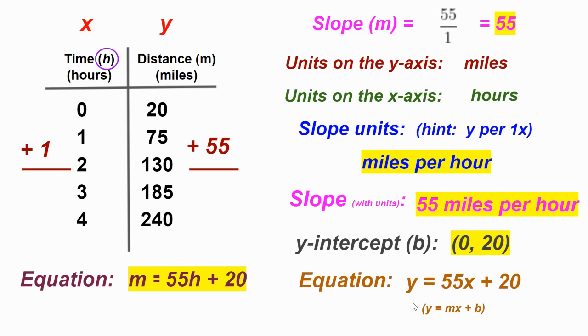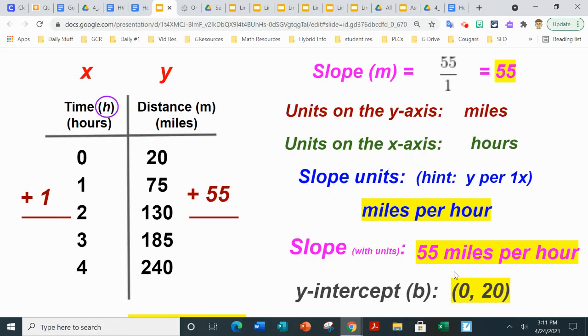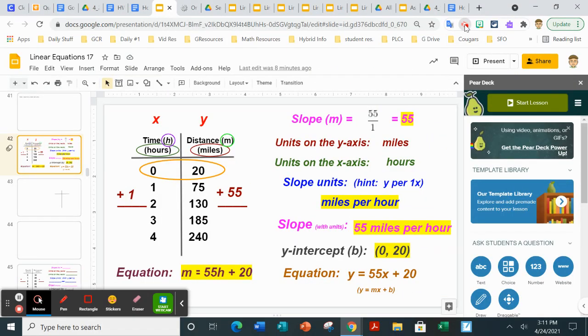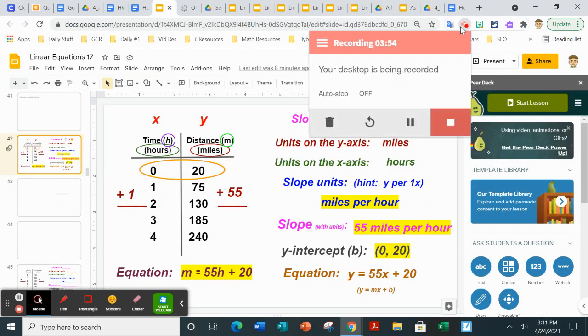M stands for miles, H stands for hours, which makes it a lot easier to make sense of the formula. All right, so that's all it is, people. Putting everything together still: slope, units, y-intercept, and equation. So let's go take a look at this, practice this, and see how we can put everything together with slope and the unit.